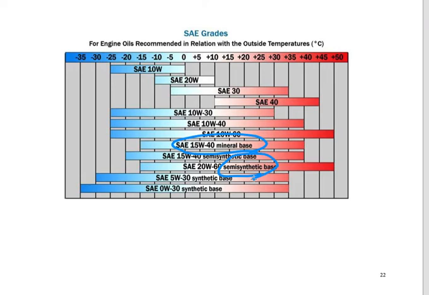And then for high performance cars, we need the synthetic based engine oil, meaning we modified all the chemical chains to suit the high performance engines. As you can see here, synthetic based engine oil can be used from negative 35 degrees Celsius until plus 35 degrees Celsius.